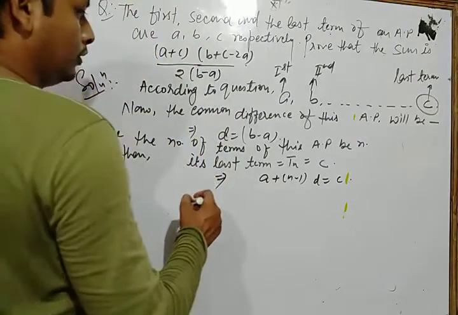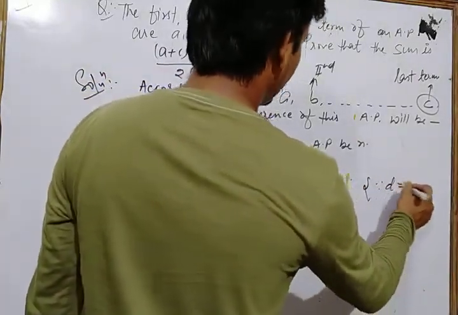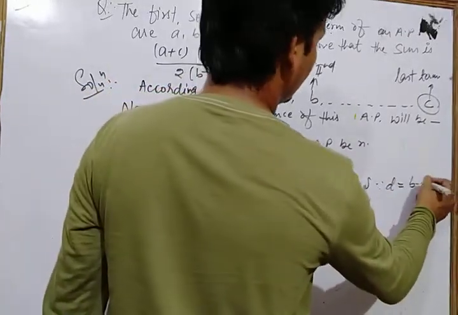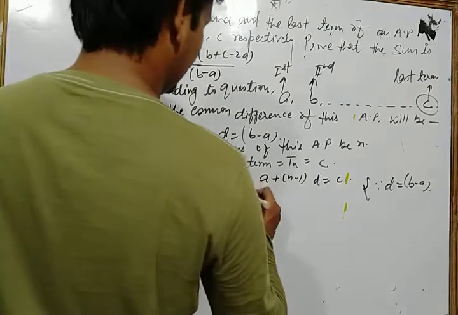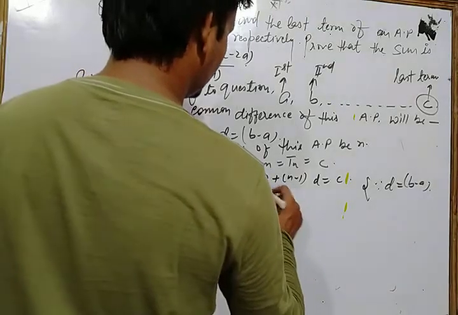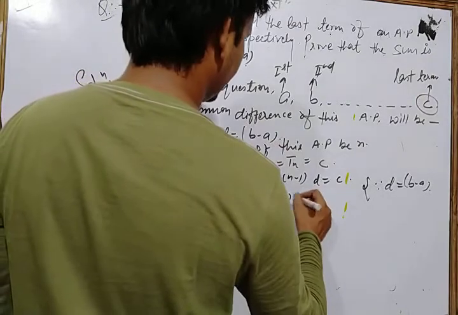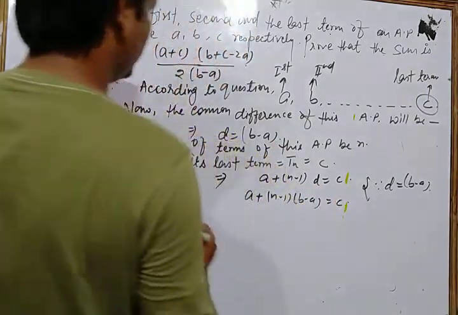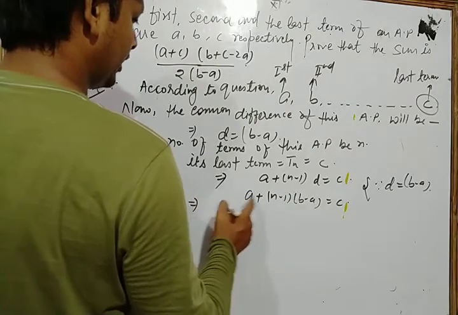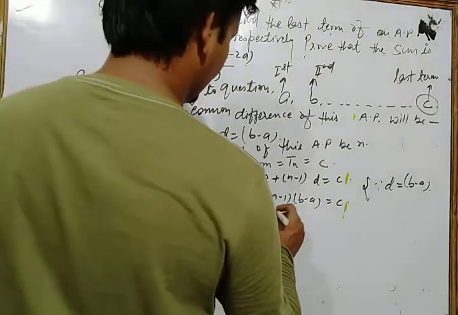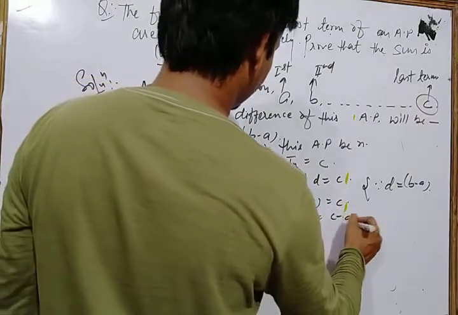Now we put the value of D. Since the value of D is B minus A, we put a plus n minus 1 into b minus a is equal to c. Now, dear student, n minus 1 into b minus a is equal to c minus a.